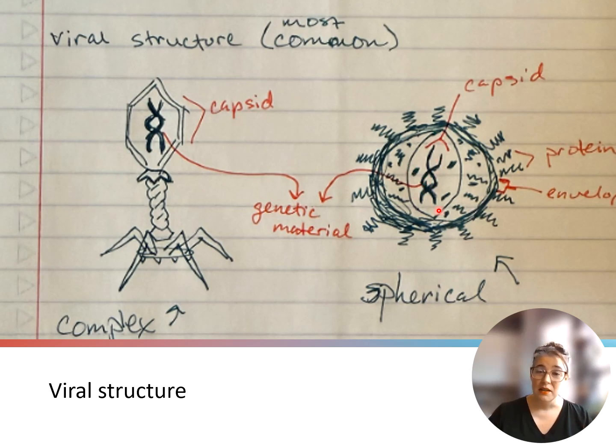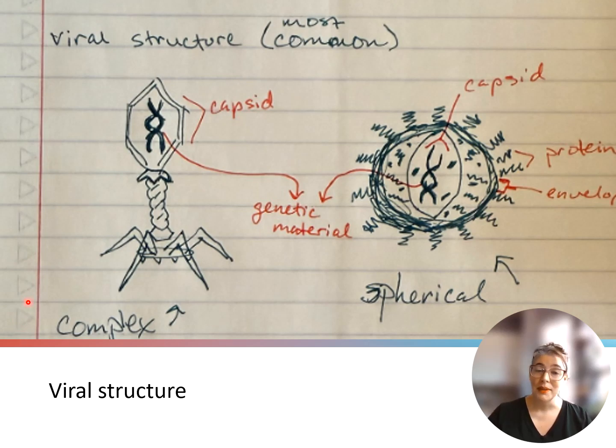That genetic material is protected by the capsid, and all around this particular spherical example, you see little protrusions, little things that are sticking out of it, and those are made of protein, and they make them a little sticky so that they can stick and attach to a cell. The envelope is going to be what wraps around all of this, and not all viruses have that envelope.